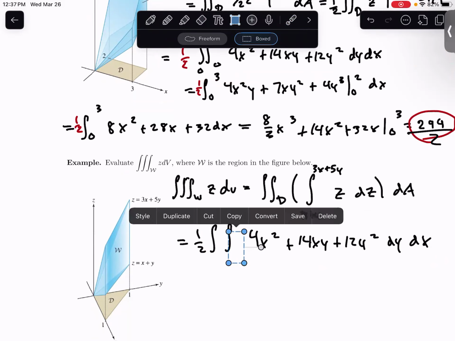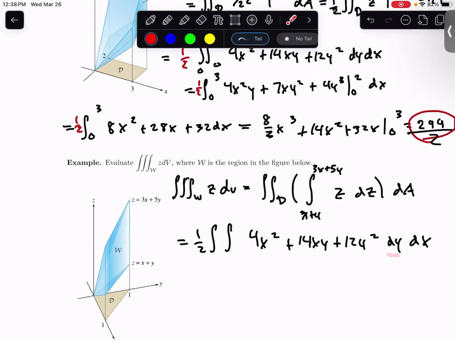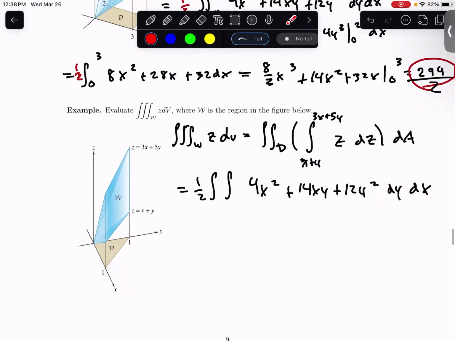So I guess I'll just say we're going to integrate with respect to y first, and then we'll integrate with respect to x. And so if we want to integrate with respect to y first, what we need to do is determine the bounds with respect to y, right? So if you start here, we can already see we have a lower bound with respect to y on this domain given by y is equal to 0.